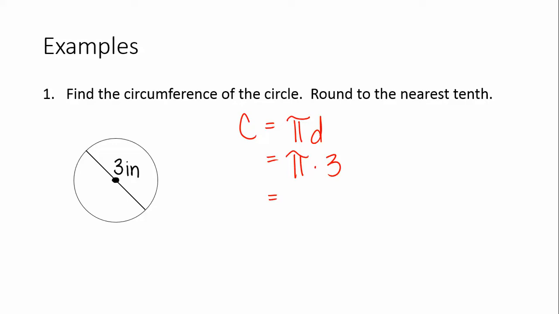So you're going to have to press pi times 3, and you should get 9.4247777961, and it goes on. We are asked to round to the nearest tenth, so that's 9.4, and we need a unit of inches. Remember, circumference is just a distance or a length, so we just use our basic unit of inches.